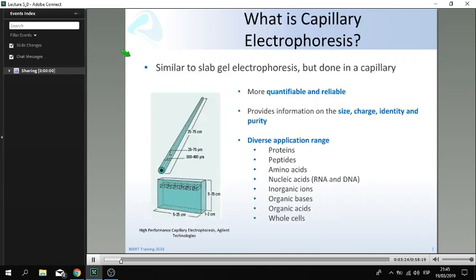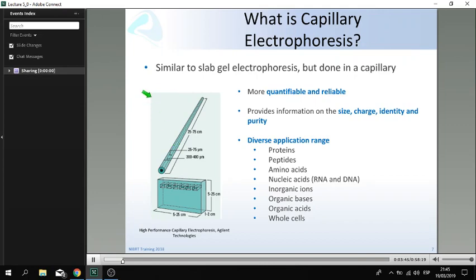Capillary electrophoresis is similar to slab gel electrophoresis, but it's not done on a slab gel. It's done in a small capillary. You can see here we have a capillary of different lengths with a really small diameter, and you do your electrophoresis inside that capillary instead of a large slab gel.